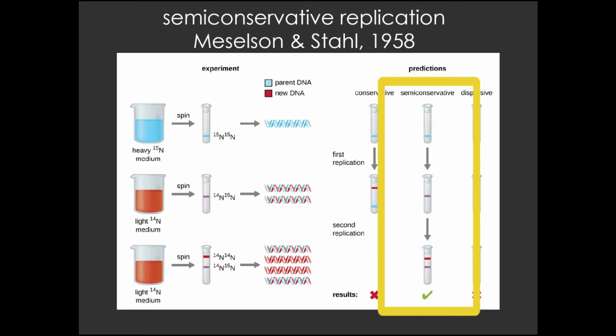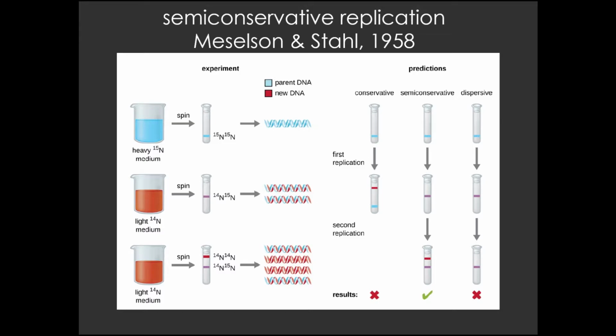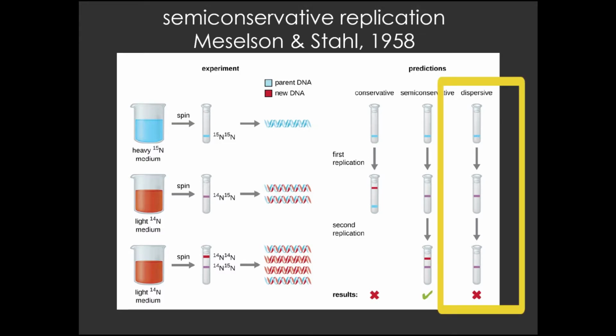And then once you went through a second round of replication, you would still have those hybrid pieces in the middle, but you would also have the light pieces made from the light half of that hybrid molecule of DNA. If the dispersive model was correct, then you would begin with heavy DNA, move to hybrid DNA, and always have hybrid DNA after that.